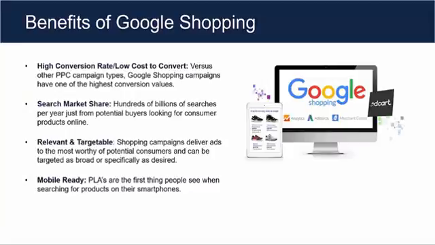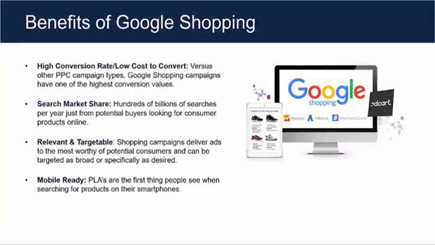Shopping campaigns are very relevant and targetable. And not only are they targetable where you can target location, regions of the world where shopping is available, but also they're mobile ready. You can create PLAs to focus only on shoppers that are using smartphones or mobile devices. Again, the PLAs that appear on a mobile device generally appear above the fold.